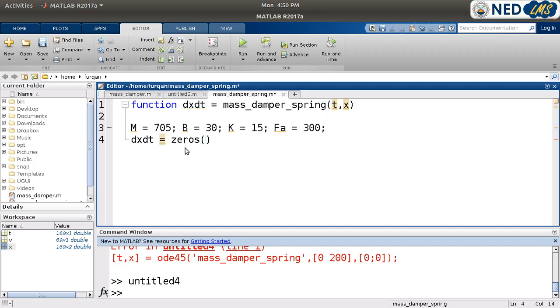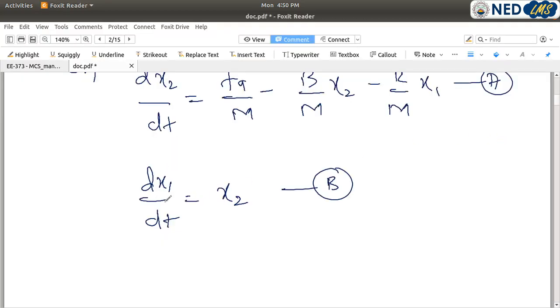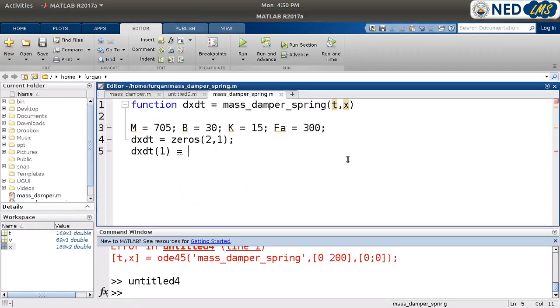This function creates a matrix with two rows and one column, and initializes it with 0. So in our case, the first equation is dxdt 1 is equal to x2.